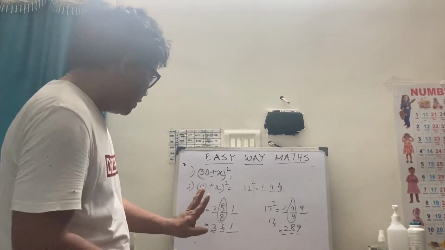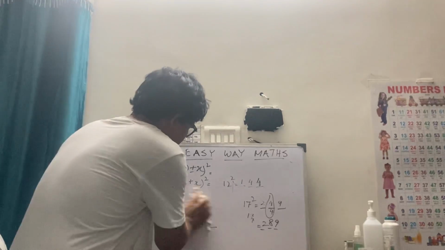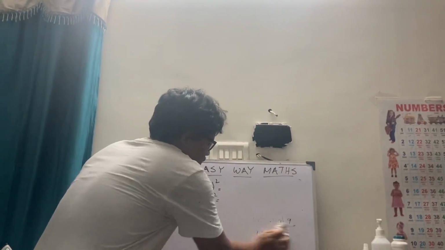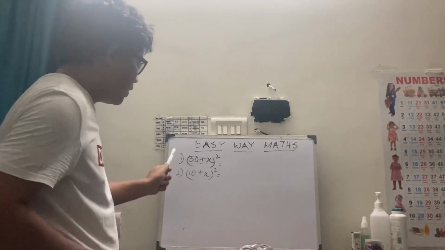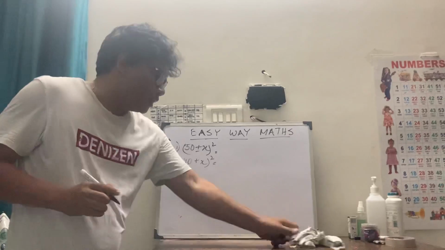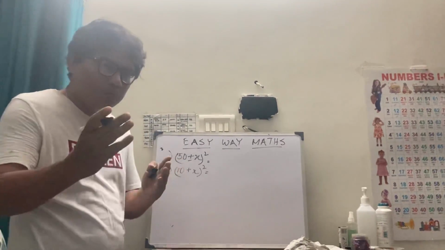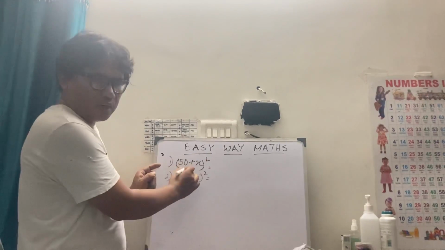I think with this, we will close it down, and I hope you guys got it. So what we have discussed so far, even including my previous video, we are able to find the squares of numbers which are in and around 10 and in and around 50.